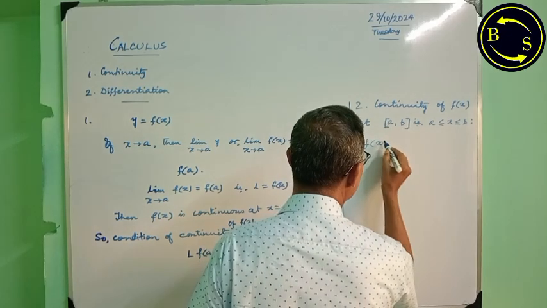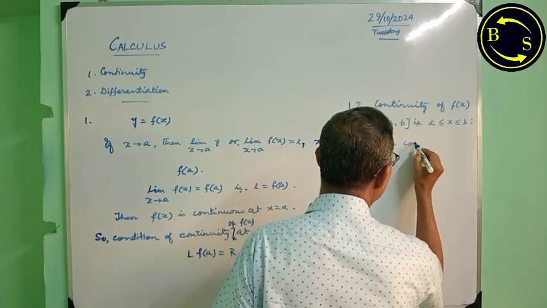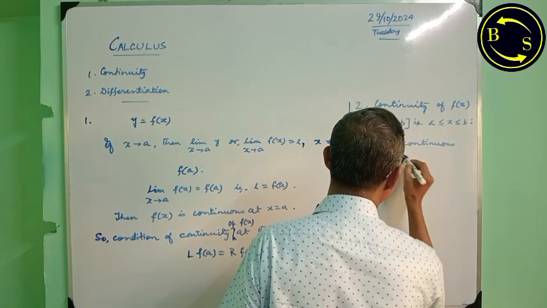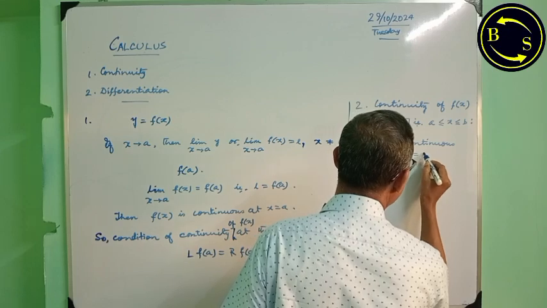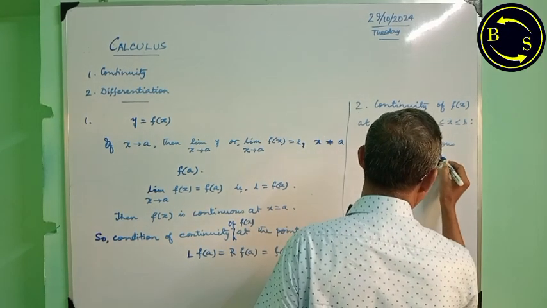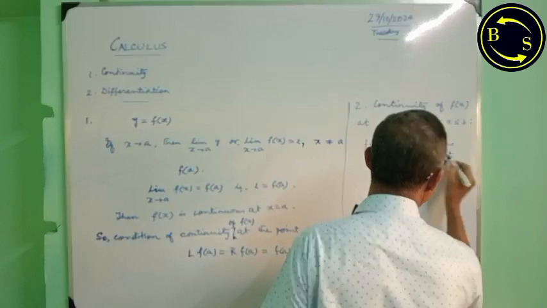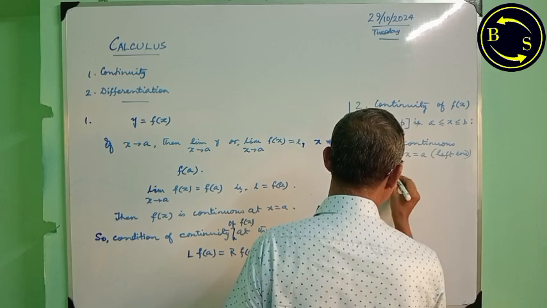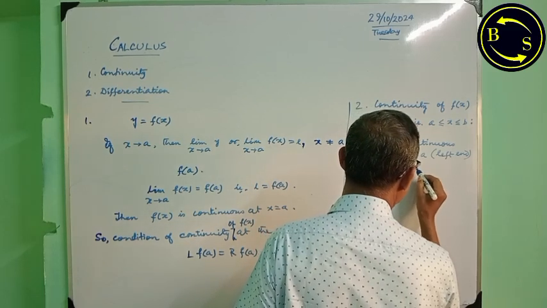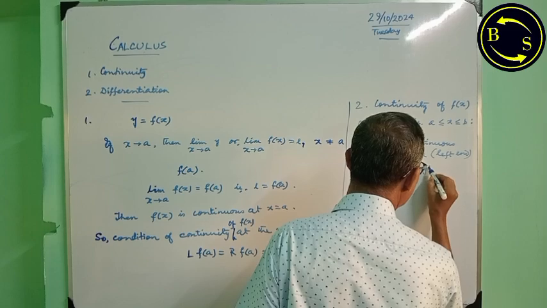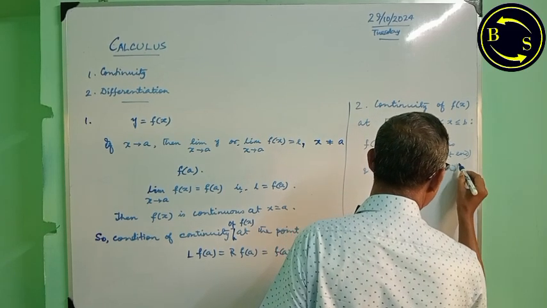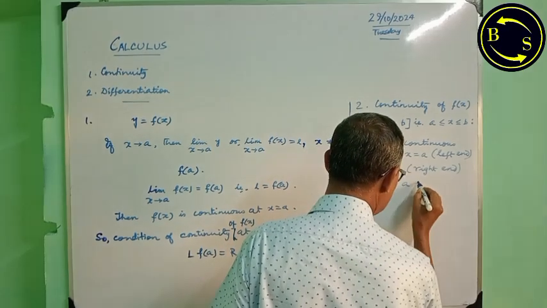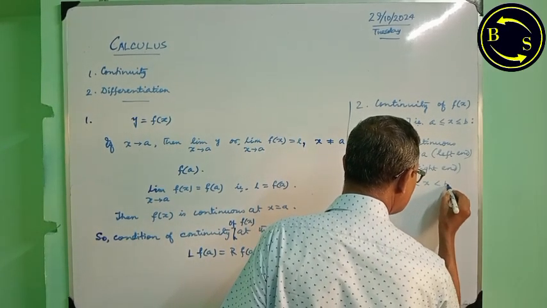f(x) is continuous at x equal to a left hand, x equal to b right hand, and in a less than x less than b.